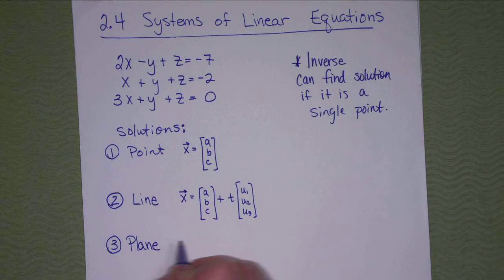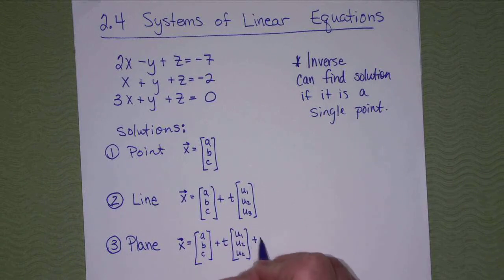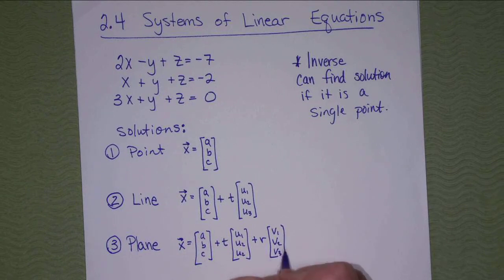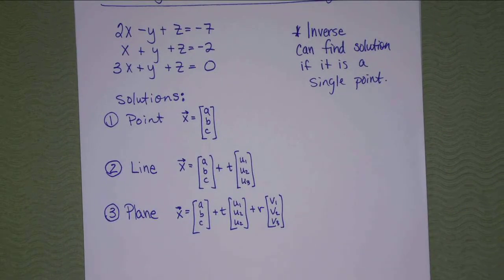And for a plane we need two direction vectors. So they could cross at a point, a line, or a plane. And what's the fourth option? You may not have a solution.